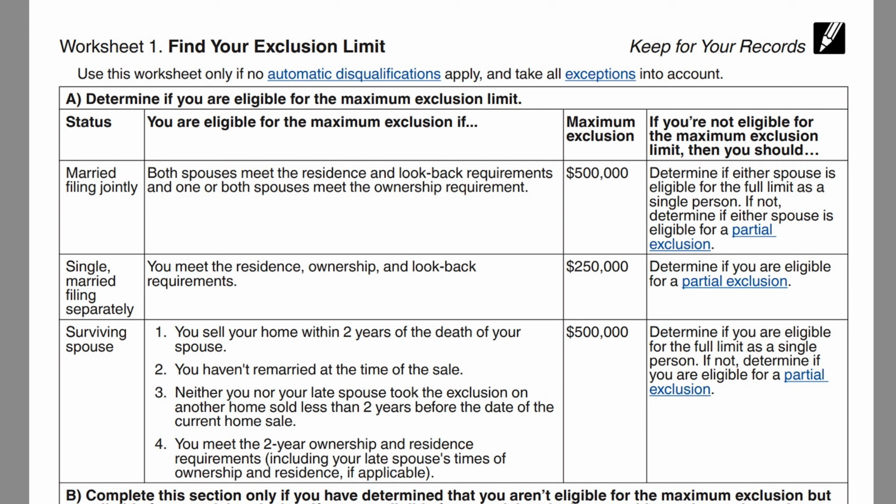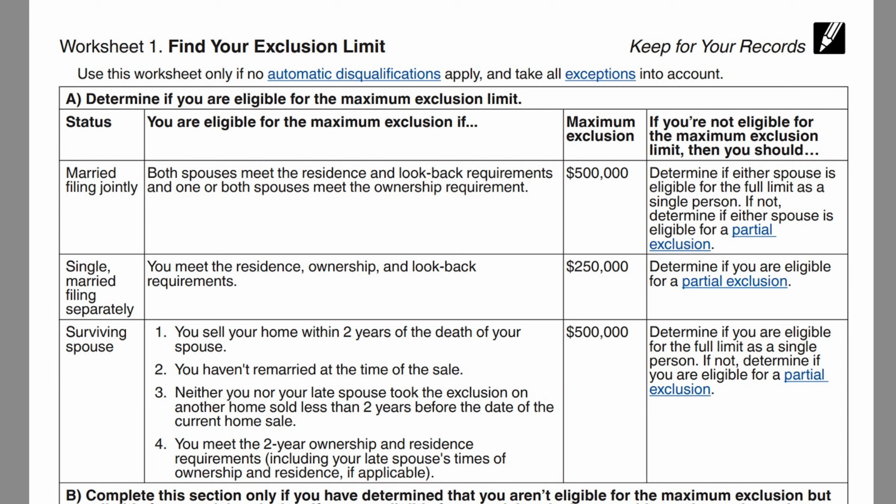Now, for married couples, both spouses have to have met the residence requirement, but there may be situations in which one spouse owns the house. Maybe they owned it before they got married, and they don't necessarily need to share the house jointly with the other spouse. And also in cases of divorce, there are ways to mitigate that.